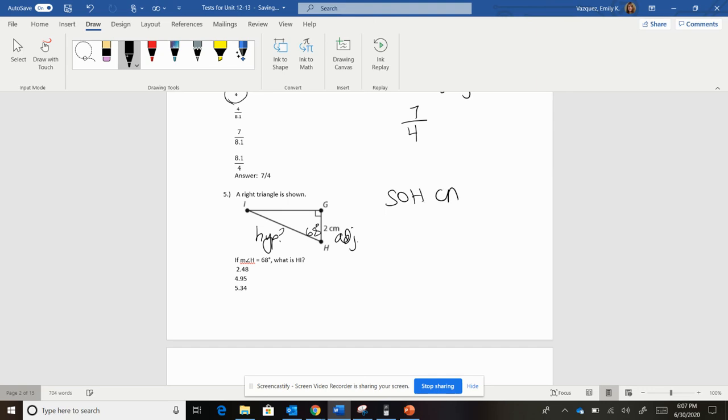So I look at my acronym again, SOHCAHTOA, and I ask myself, which trig function is using adjacent and hypotenuse? Well, adjacent and hypotenuse is going to be cosine. So cosine of 68 degrees equals the adjacent side 2 over the hypotenuse, which is HI. My goal is to find HI. So in order to find HI, I'm going to start by multiplying by HI on both sides.